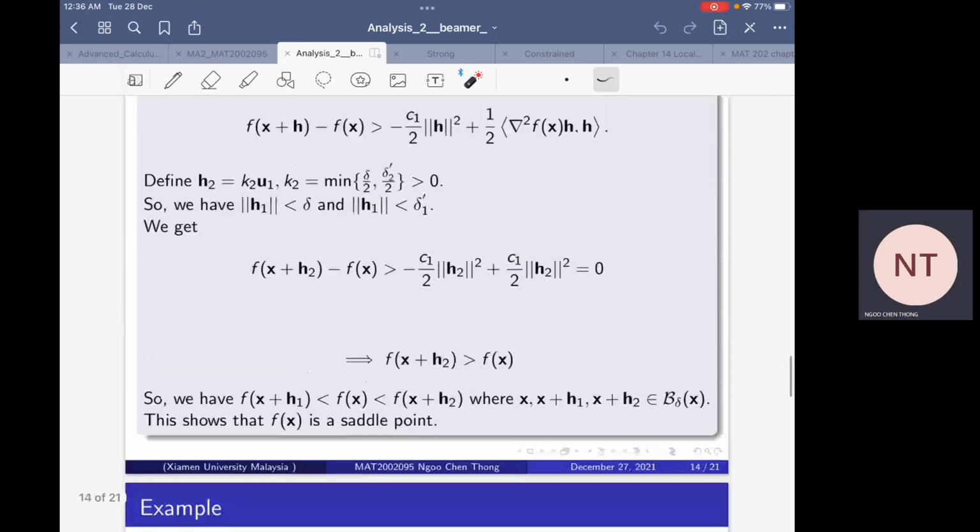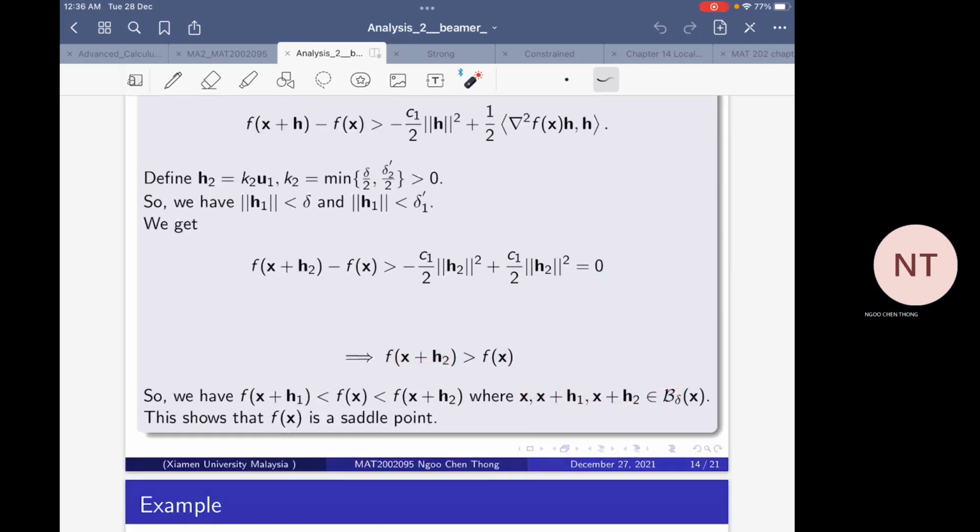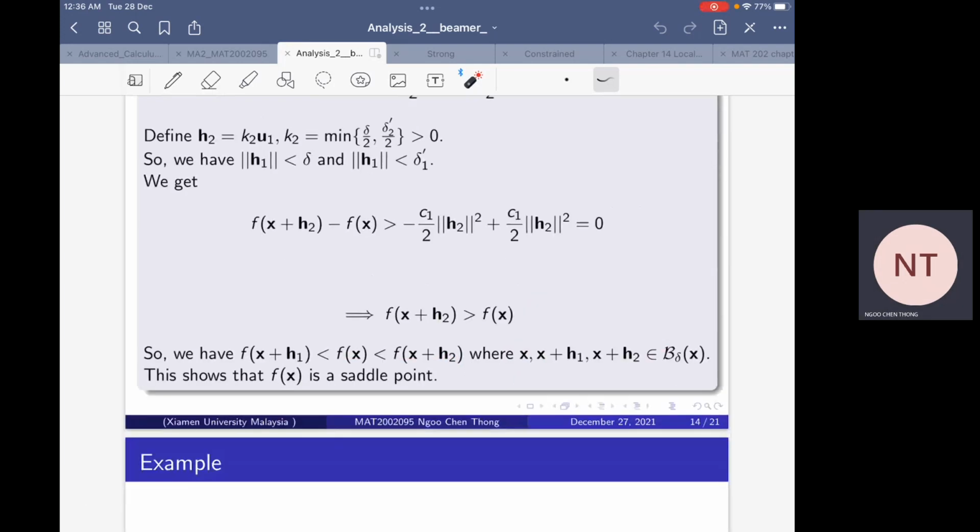So maybe like x here, x plus h1 here, and x plus h2 here, inside this ball. And we can see that fx is not a local maximal and not a local minimal. So this is a saddle point. So now we have already ended the proof.